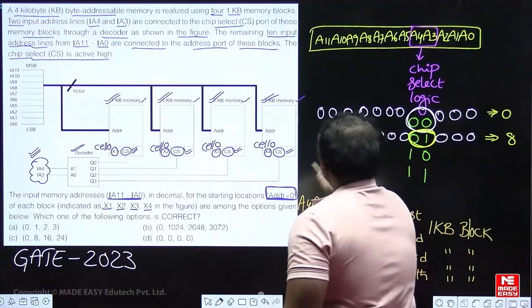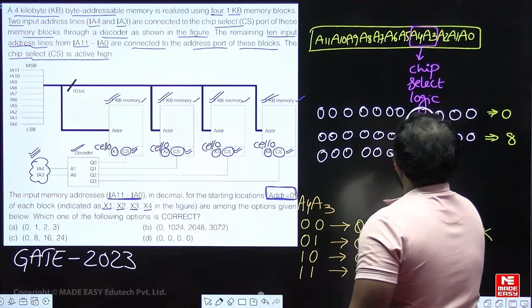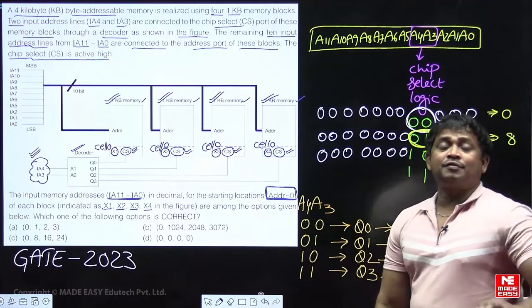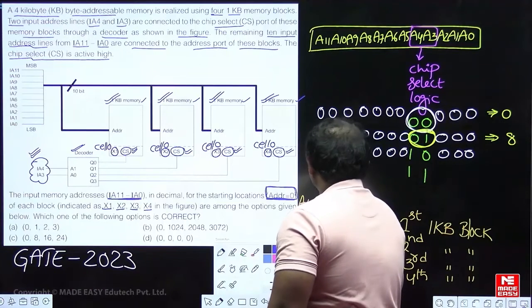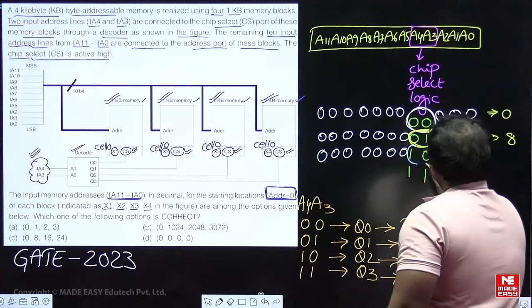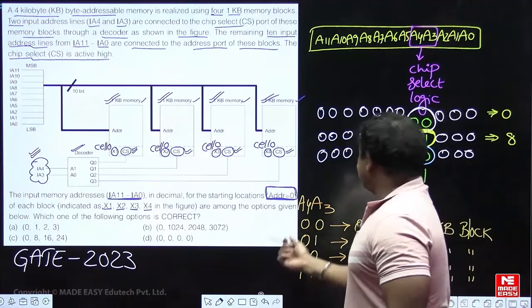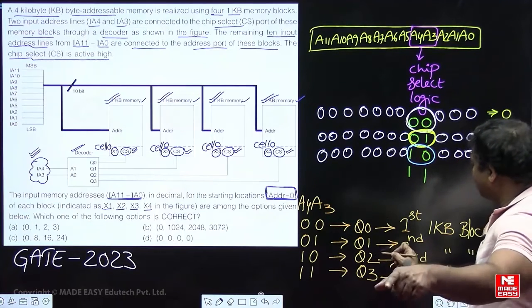Next, 0, 0, 0, 0, 0, 0, 0, 0, 0, 0. This is the starting address of the block 3. How we know it is a starting address of block 3? Because A3 and A4 status is 1, 0. Q2 is the output signal of decoder.